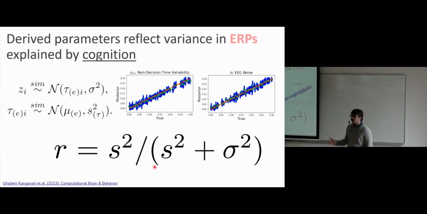So now this is the proportion of cognition in my single trial EEG. I don't have the plot here for some reason, but I also estimate this R well. That's the point here. Because I'm estimating the S and the sigma well, I can also estimate R. So I can fit this model and then get estimates of R, how much variance in the EEG is explained by cognition.